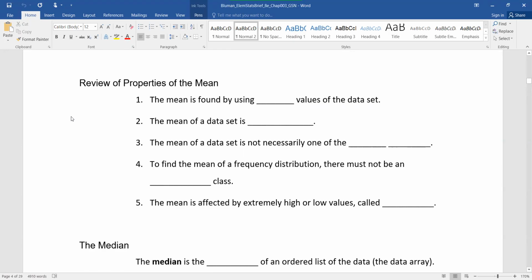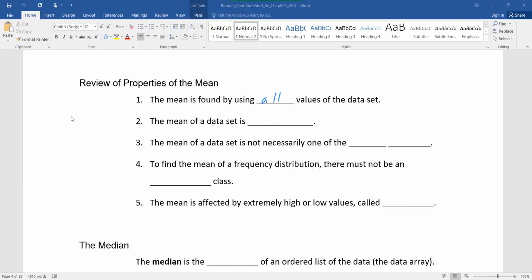All right. So properties of means. The mean is found by using all values of the data set. So depending if you're dealing with the population or the sample, remember you're going to use all the values.